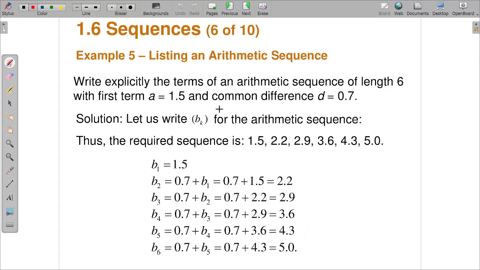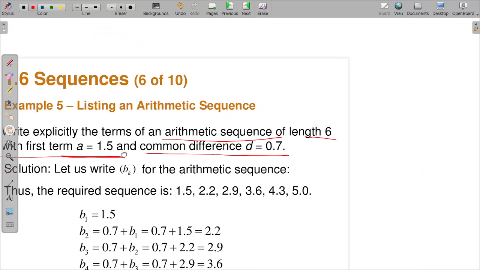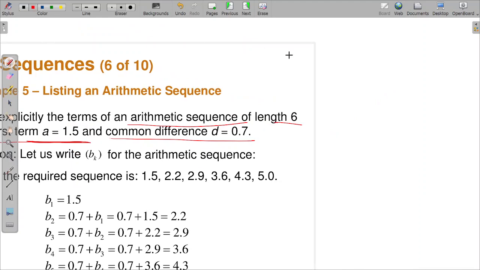For example, let's write explicitly the terms of an arithmetic sequence of length 6, with the first term given as a equals 1.5 and the common difference given as this. If we have b of k plus 1 equals d plus b of k, this b1 is the same thing as a.